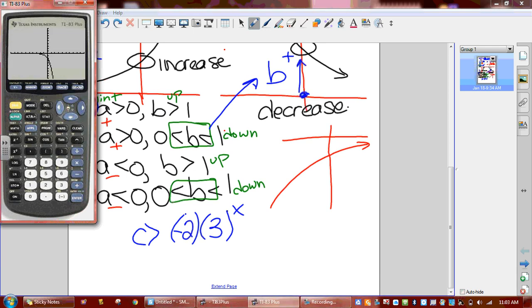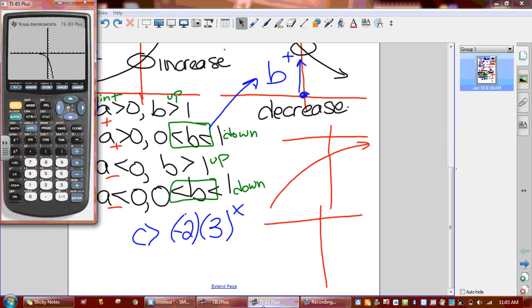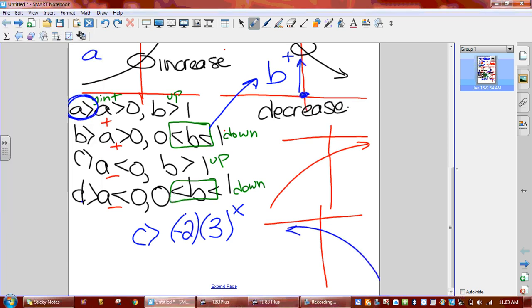Oh, it's down there, and it's going the other way. So, it would match a situation. See that again? He's doing this. So, in that situation, I stuck in a negative A and a positive B going up. But it's going down.